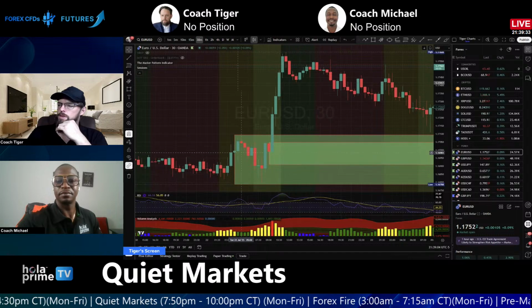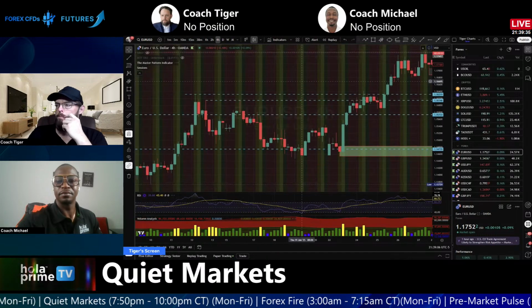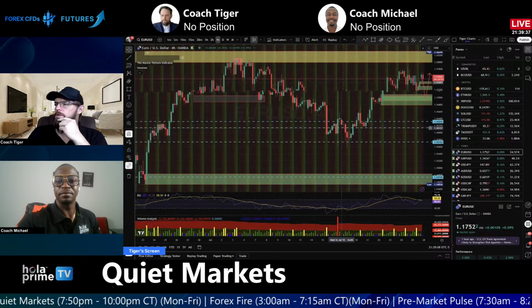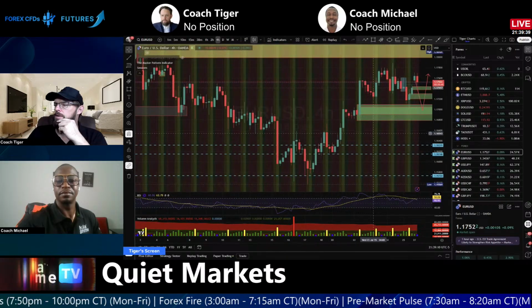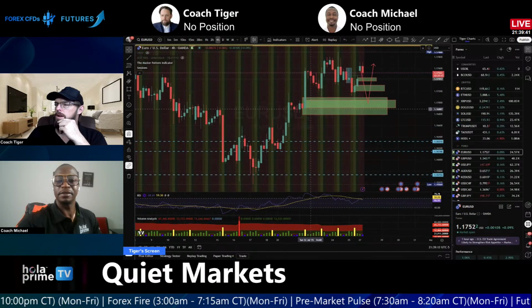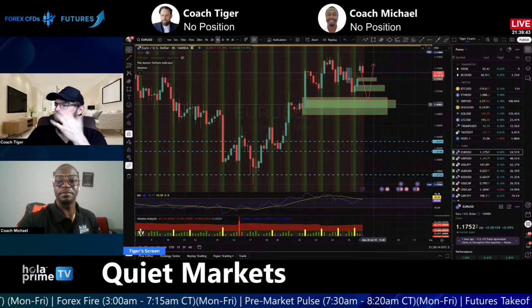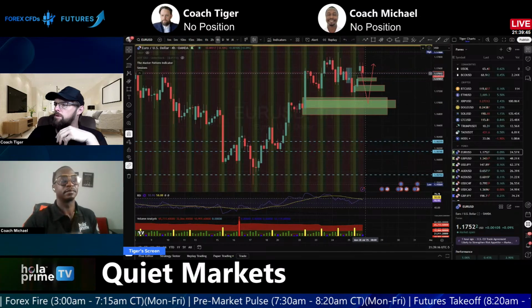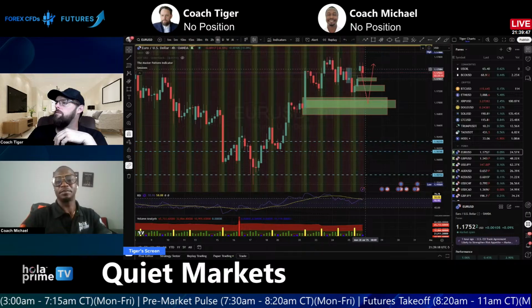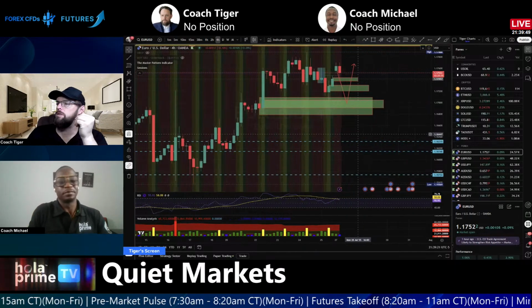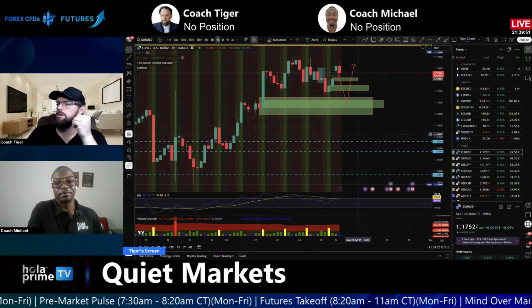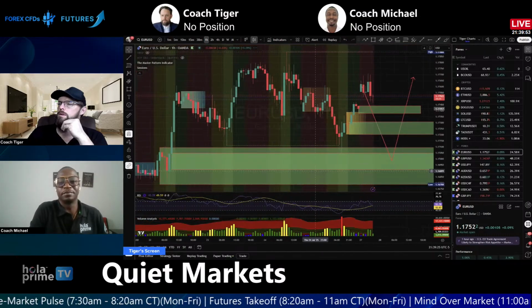And that was within the context of a 4-hour candle. That's the confluence I love to see: a 4-hour candle with a 30-minute candle inside, and it bounced right off of it. Now it's pulling back a little bit, but that's what I liked.